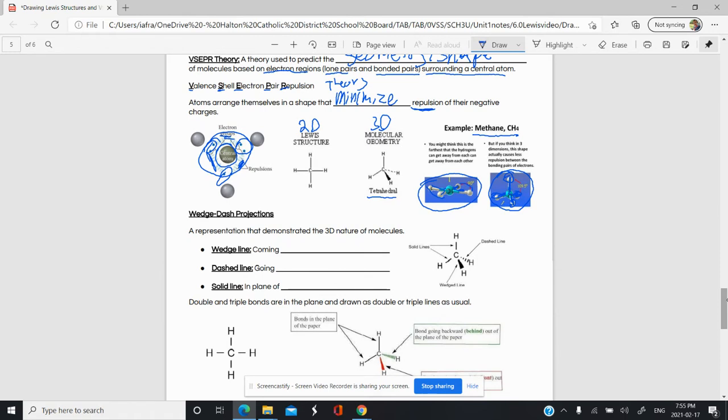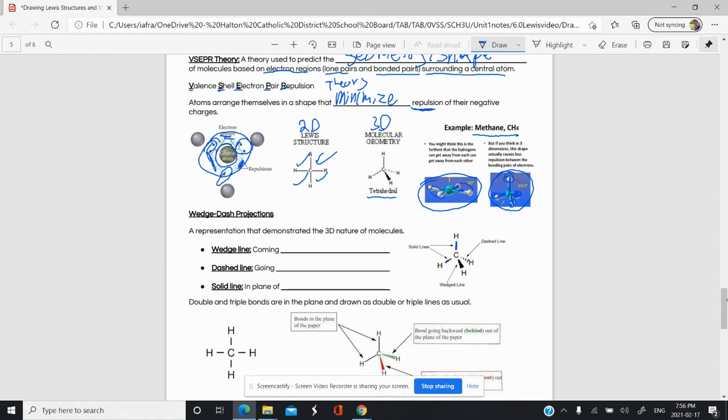Now, to draw a 3D structure, you use what's called a wedge dash projection. In a Lewis structure, you just use solid lines like you see here. And those solid lines basically mean that your structure is on a 2D piece of paper. But the wedge dash structure lets you show that some atoms are going behind the screen, away from you, some atoms are coming towards you, and some atoms are on the screen or on the paper.